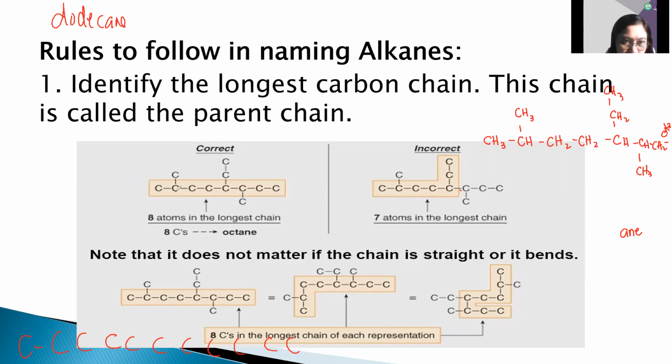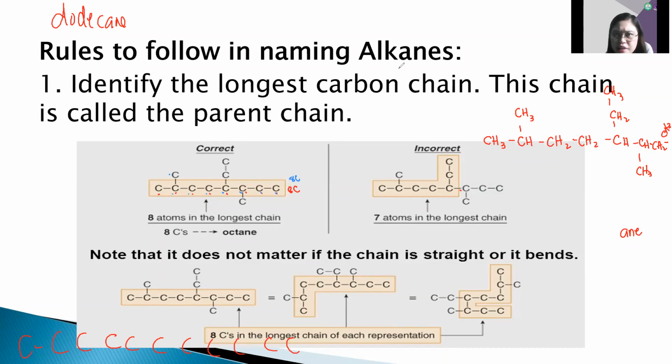Magbibilang tayo 1, 2, if I go straight, this is 1, 2, 3, 4, 5, 6, 7, 8. So again, if I go straight, this is 8 carbons. Paano kung i-try kong lumiko? Dito ako mag-start. 1, 2, 3, 4, 5, 6, 7, 8. It's the same thing. 8 carbons yan.